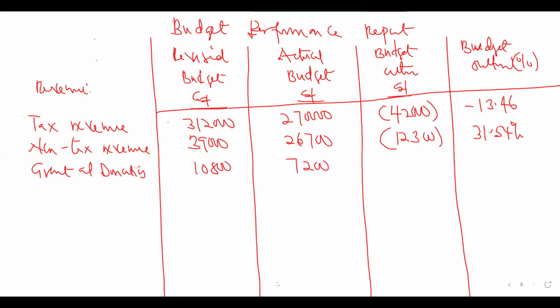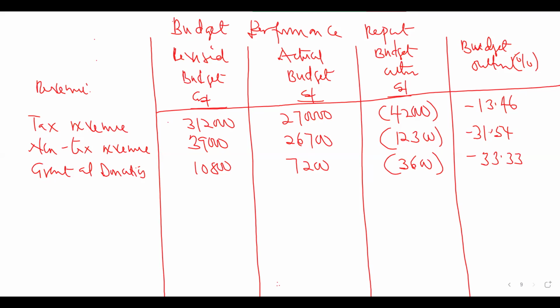What is the difference? 3,600. The outturn is what? 33.33%.